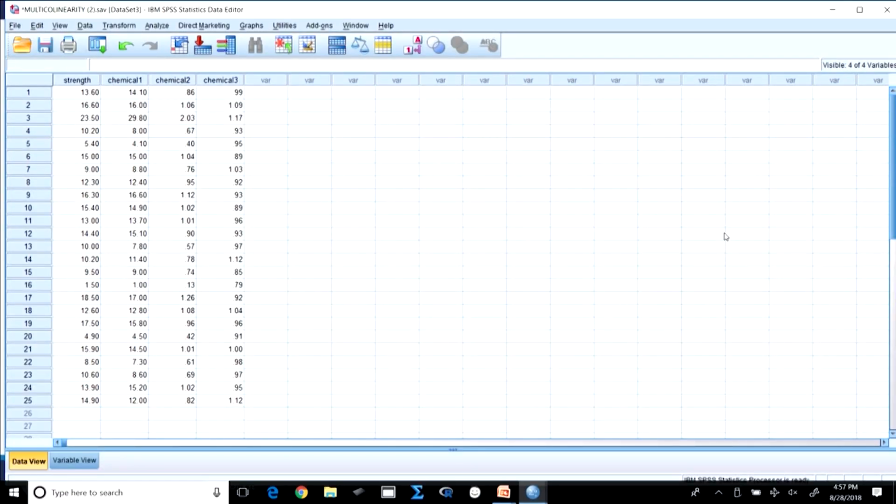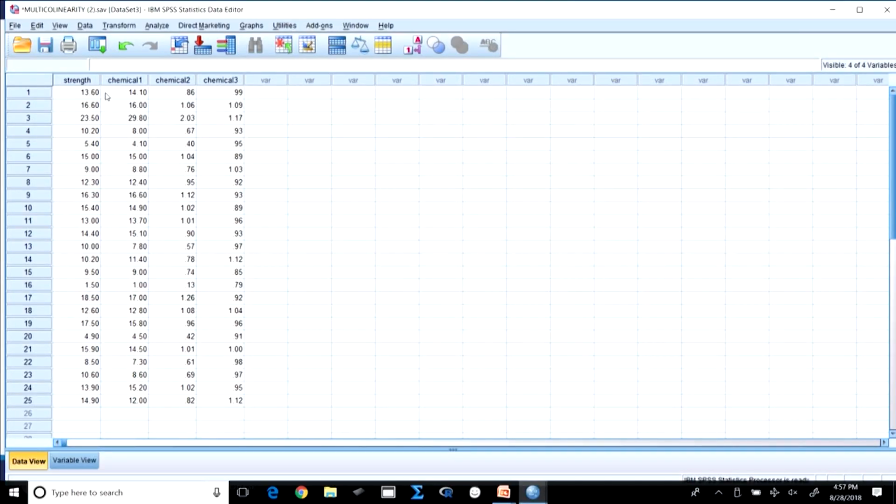This file has 25 cases, and there are 4 variables: one dependent variable, which, although it is a collinearity case, you can assume is the strength, and 3 types of chemicals being used to change or impact the strength of a product, with the 3 independent variables, chemical 1, chemical 2, chemical 3, right.